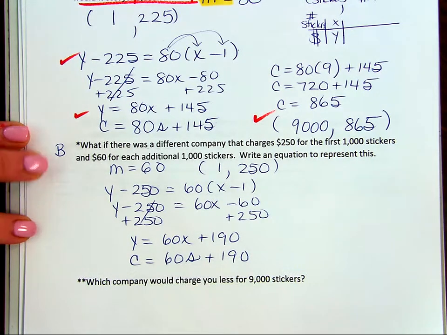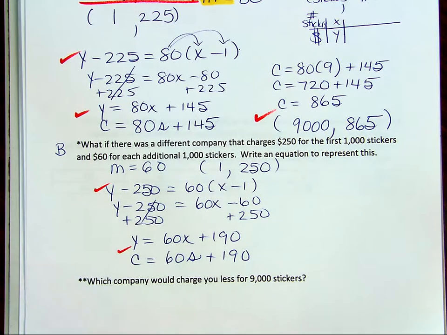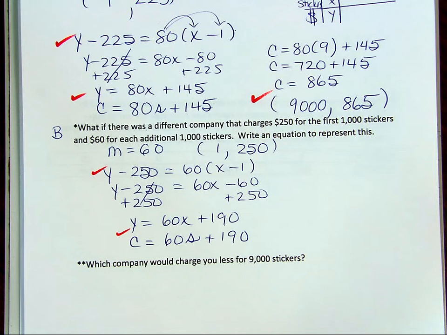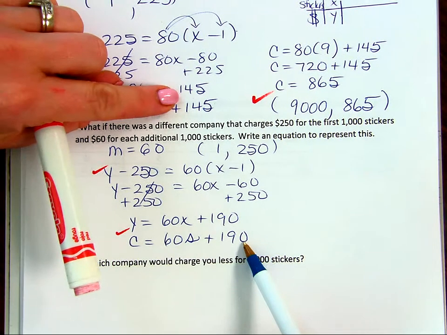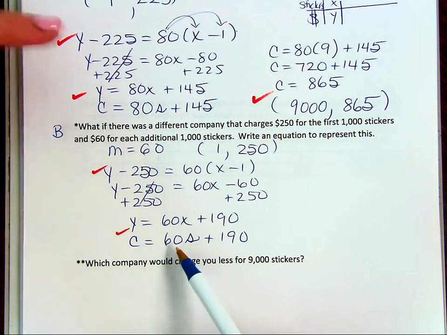Okay, this is your first point. One of these two is your second, if you want to put it cost in stickers. Okay, so I got that equation. So they charge a little more for their artwork, but the charge per 1,000 is a little cheaper.